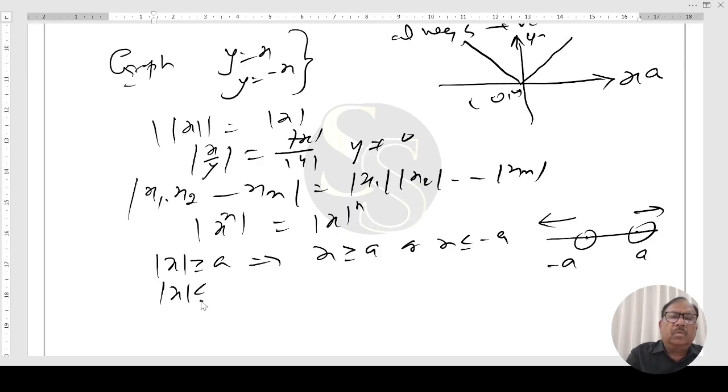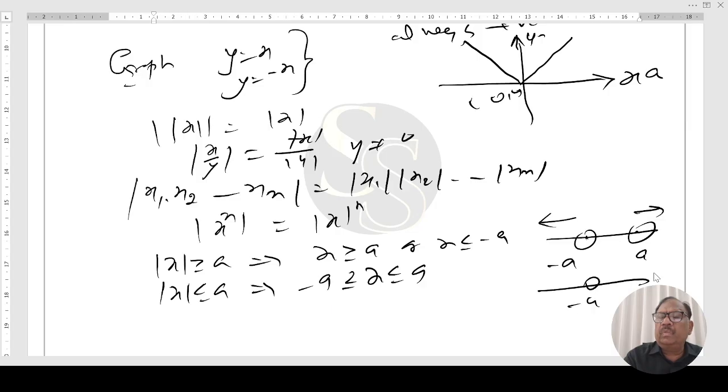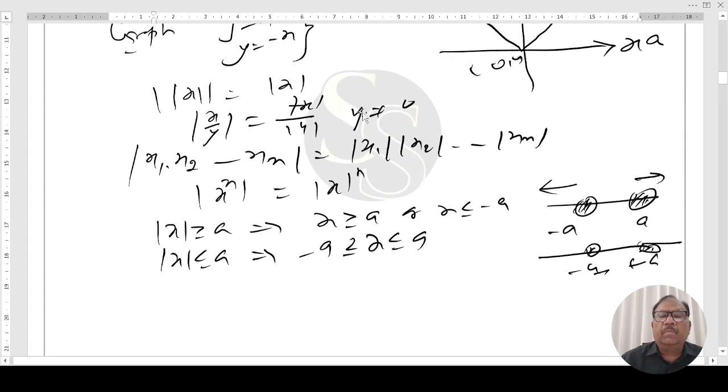Mod x less than or equal to a means x is between minus a and plus a, inside. If it is equal also, then take the dot.